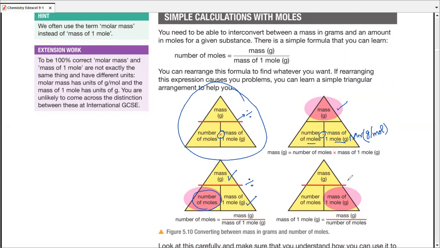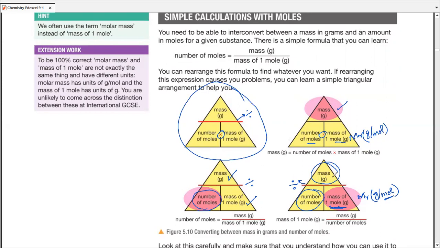This line means divide. Or if we need to find out the Mr of a substance and we have the mass in grams, we have the number of moles, we can divide them. Again, the straight line means division. And we can find out the Mr in the units of gram per mole, right? This mass of 1 mole means that if I put per mole at the bottom, it becomes molar mass.